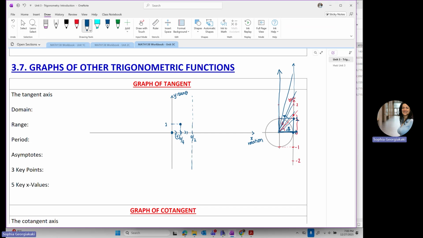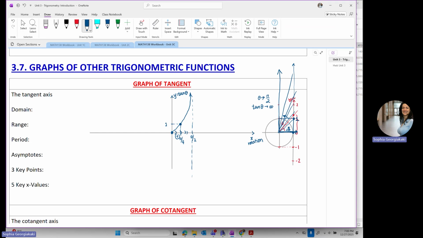And right before pi/2, as theta was approaching pi/2 from the left side, my tangent of theta was approaching some very large positive numbers, so infinity. So the graph of the tangent actually has an asymptote here at x equal to pi/2.